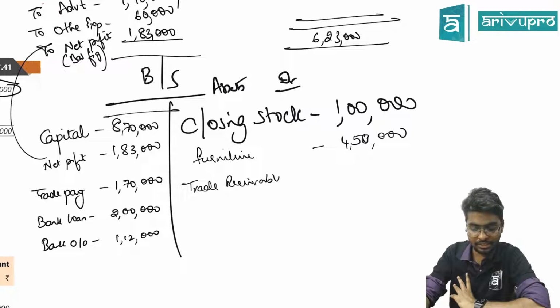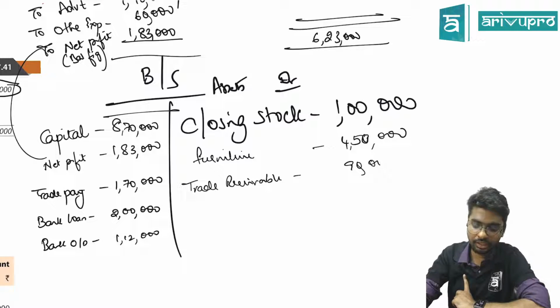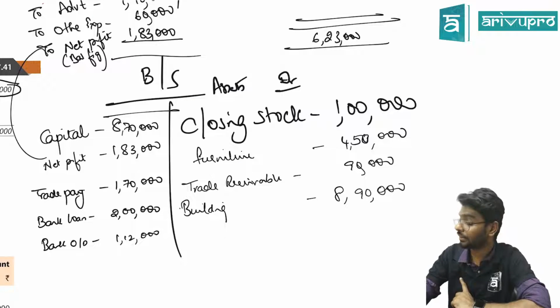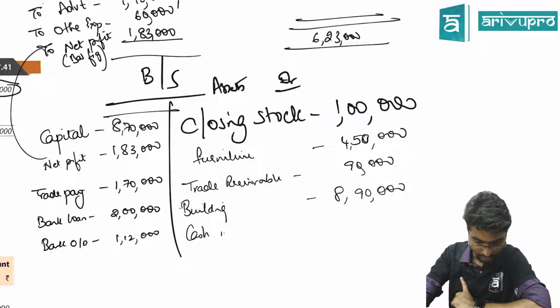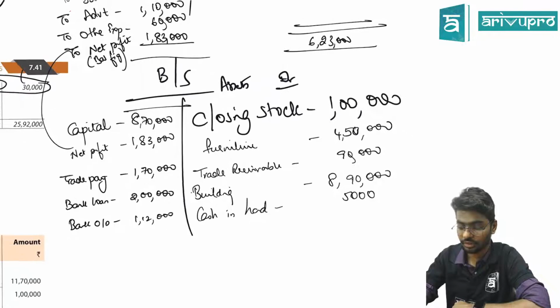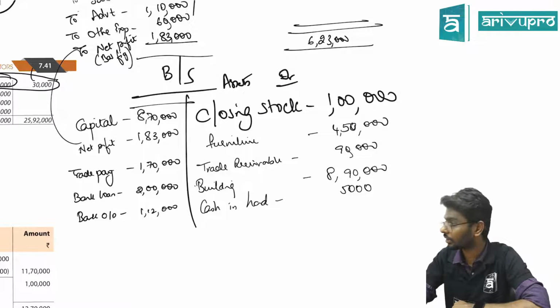Then trade receivables 90,000. Then building 8 lakh. Then cash in hand. Done?